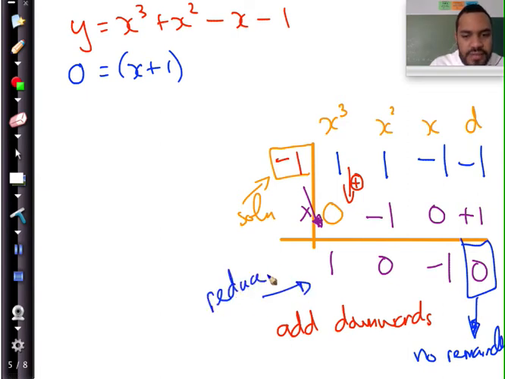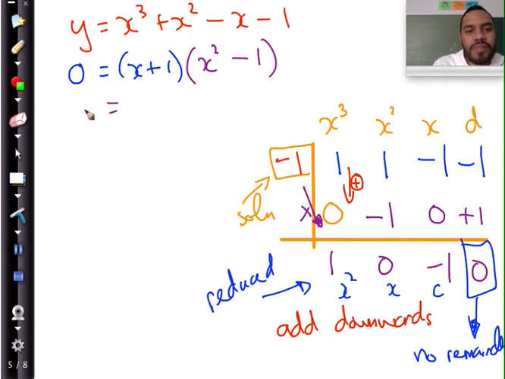This row leaves me with x squared, x, and c. Those are the coefficients for the reduced polynomial, which is 1x squared plus 0x, which I can leave out, minus 1 for c.